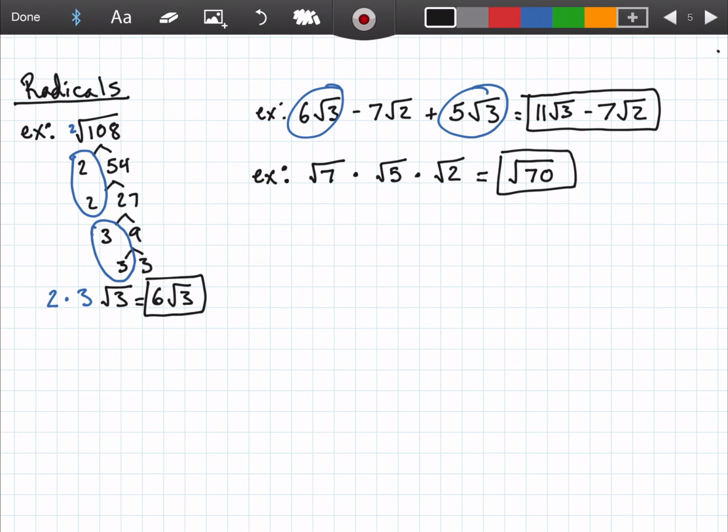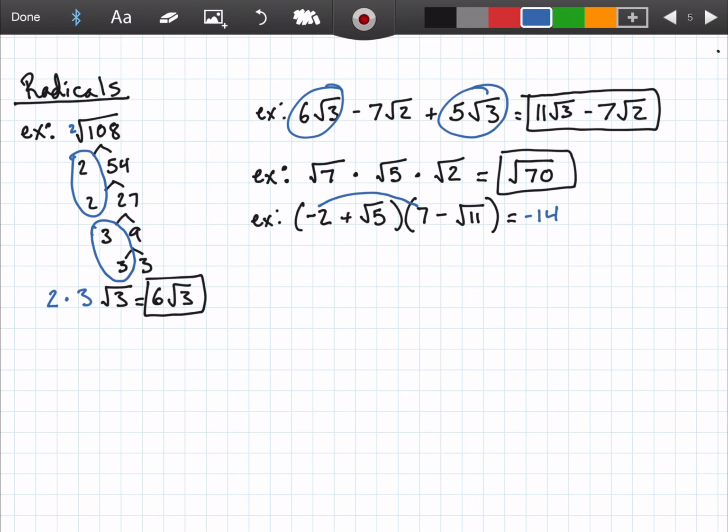Okay? So let's look at binomials. Negative 2 plus root 5 times 7 minus root 11. Distribution still applies here. Thank goodness, some rules never change.